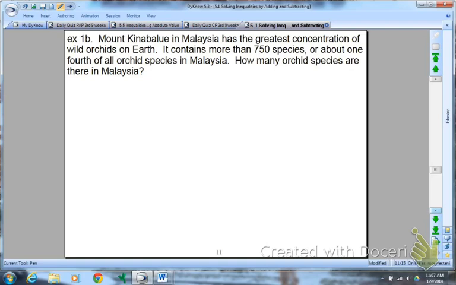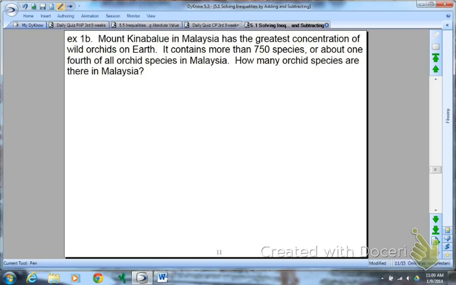Example 1b. Read it, come up with the equation, and solve it. Mount Kinabalu in Malaysia has the greatest concentration of wild orchids on Earth. It contains more than 750 species, or about 1/4 of all orchid species in Malaysia.